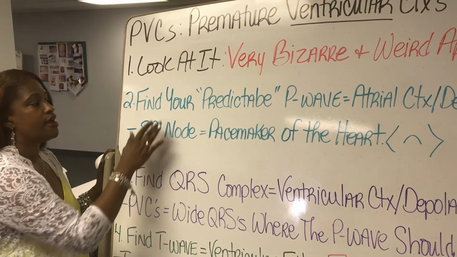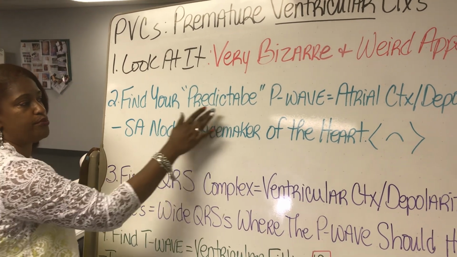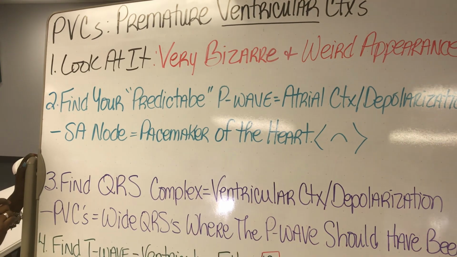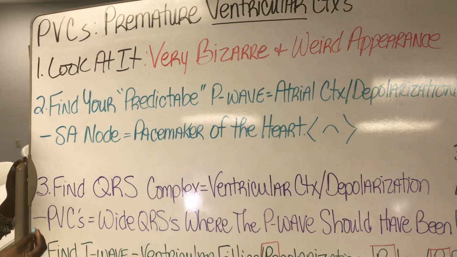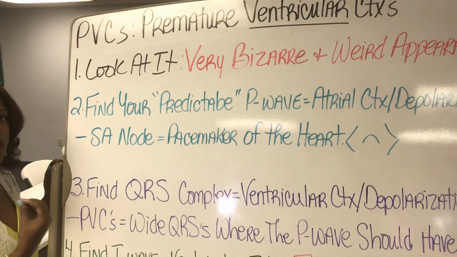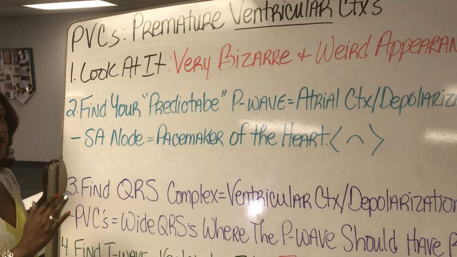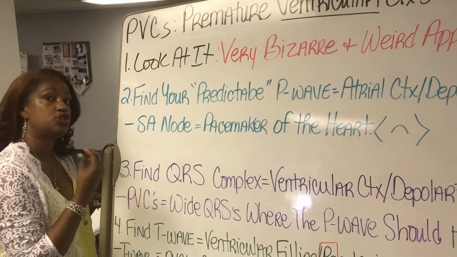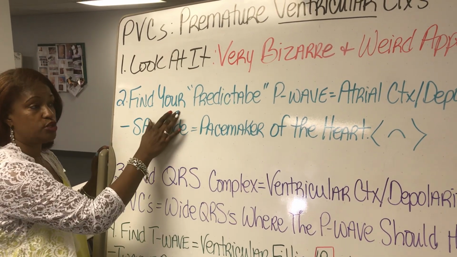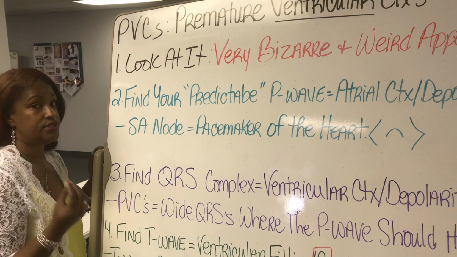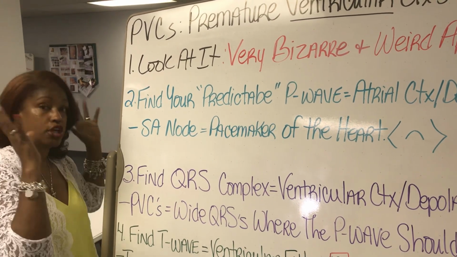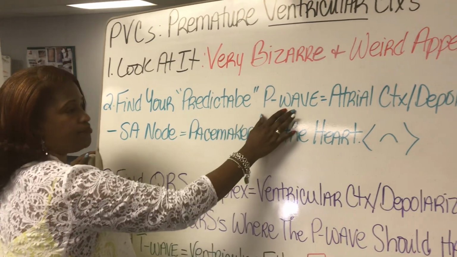Now, find your predictable P wave. That's what we taught you before. We are always looking for our P wave on the EKG because it sets the tone for how this should go. When you find your P wave, remember that we said it was atrial contractions. When the atria contract, they give you a P wave.